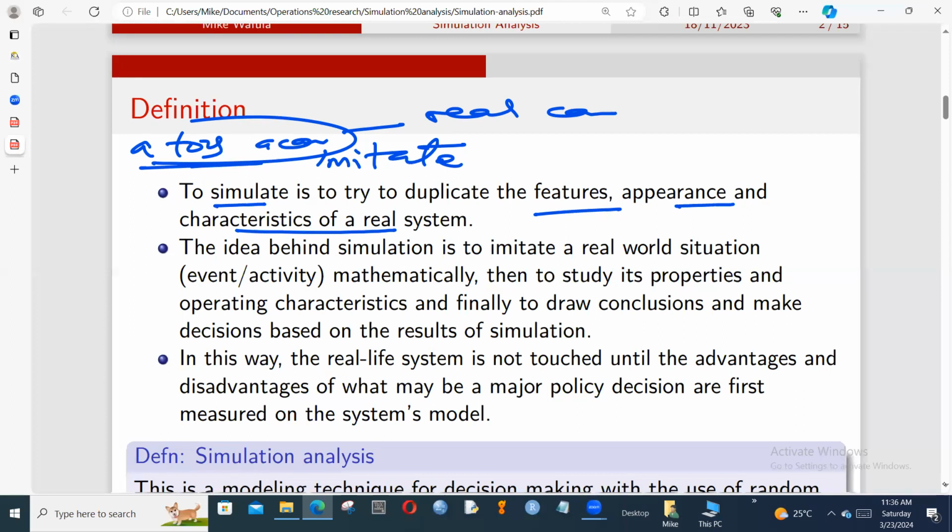And so we are going to do this by way of expressing it mathematically, then study the properties, operating characteristics of that venture, and then finally draw conclusions and make decisions based on those simulation results.